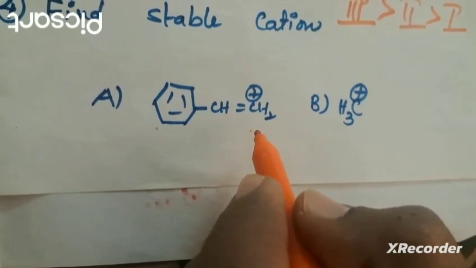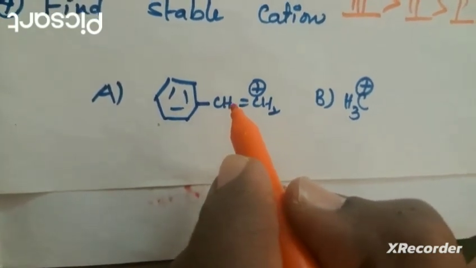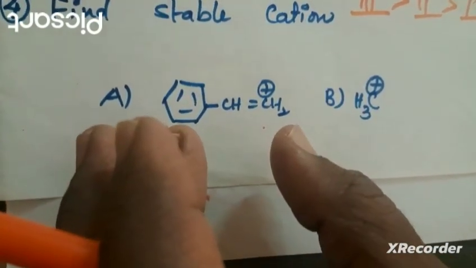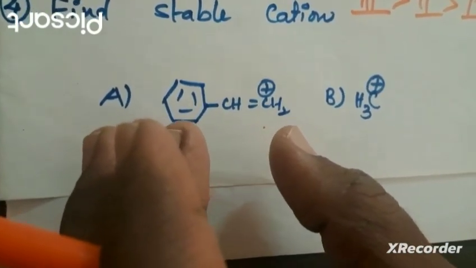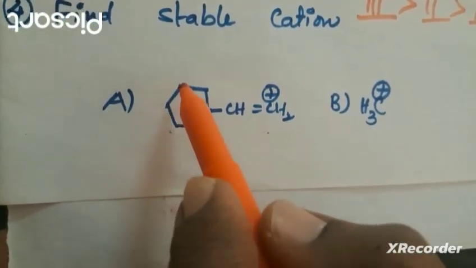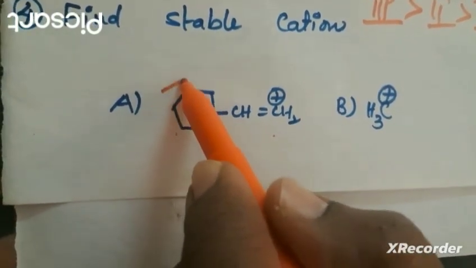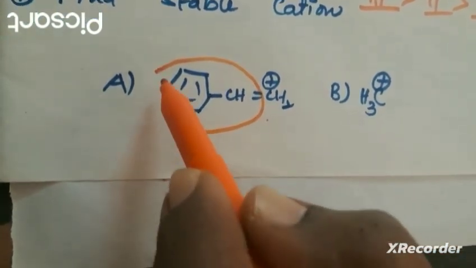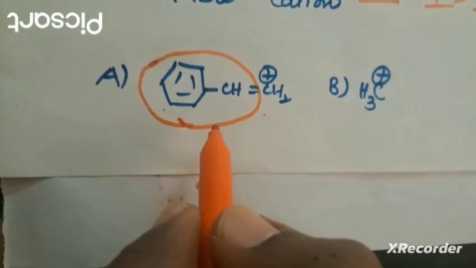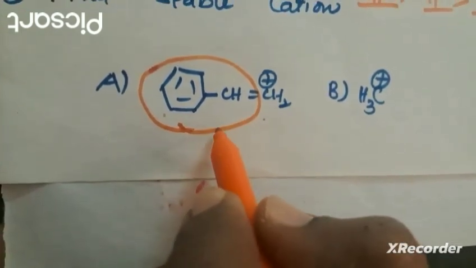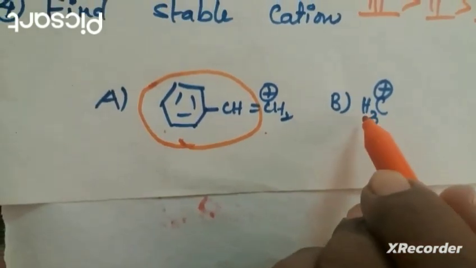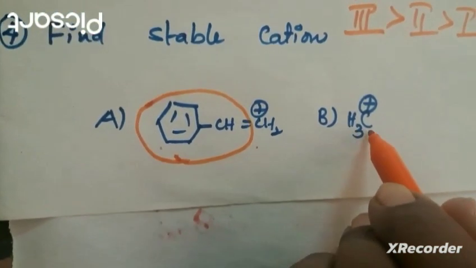We know that if a carbocation is attached to an electron donating group, that makes it stable, and if it is attached to an electron withdrawing group, that makes it unstable. The vinyl carbon is sp2 hybridized, which is an electron withdrawing group, and makes the carbocation destabilized compared to the methyl carbocation.